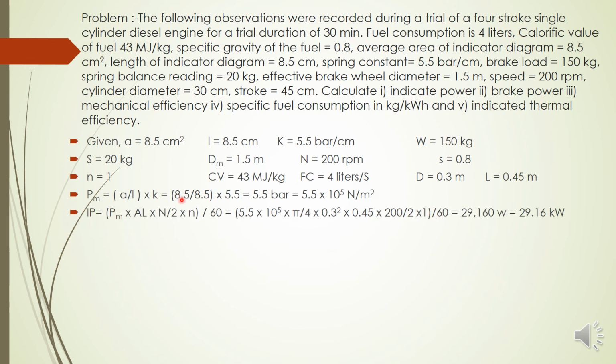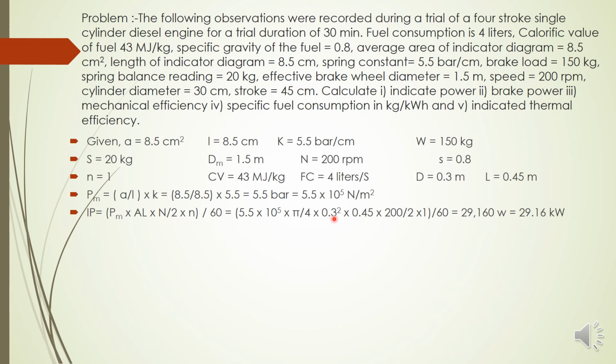Now once the mean effective pressure is calculated, we can find the indicated power. This is a 4-stroke engine, so we have to use N by 2. So indicated power is mean effective pressure into area into length into N by 2 into n by 60. So 5.5 into 10 raised to 5 is the mean effective pressure. Area is pi by 4 d square, so here we have to convert that into SI units. 30 centimeter is the diameter, so we take 0.3 meter.